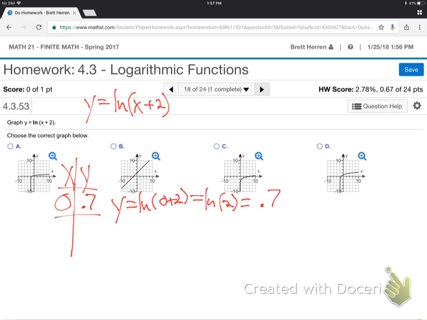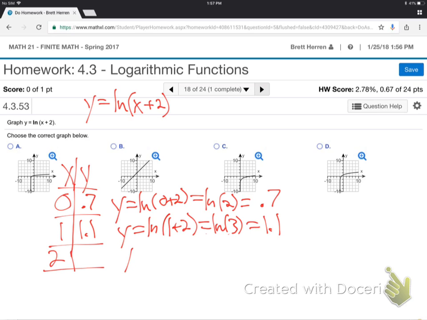Now let me put in 1. Natural log of 1 plus 2, oh wait, why did I do 3? That's not right. 1 plus 2. I'm getting 1.1 when I round it.